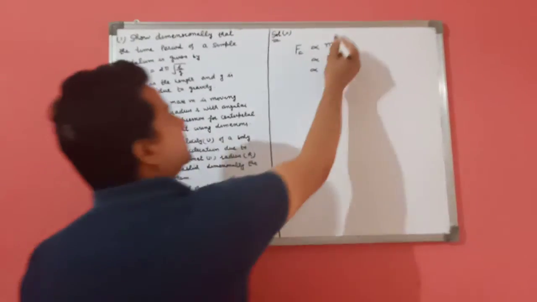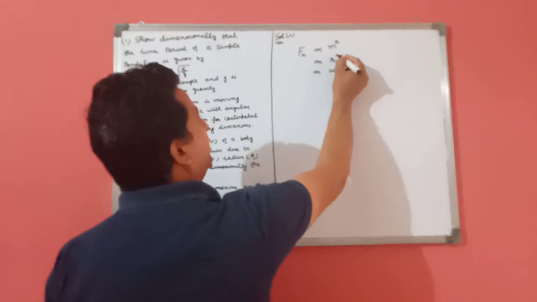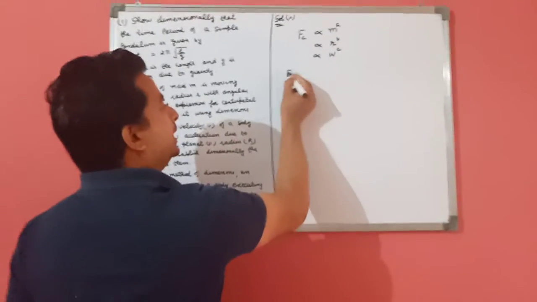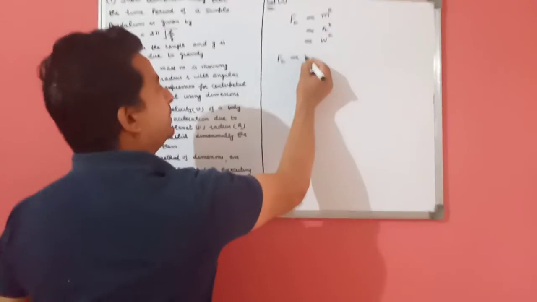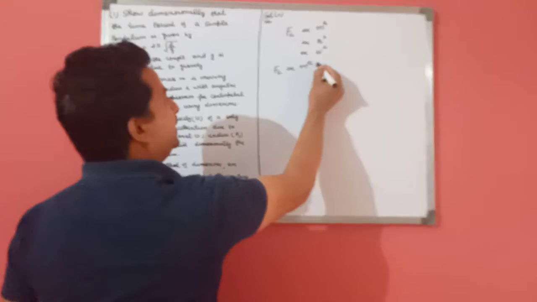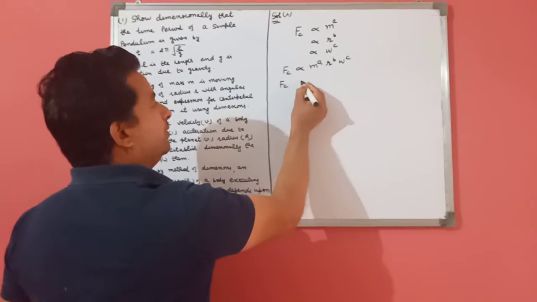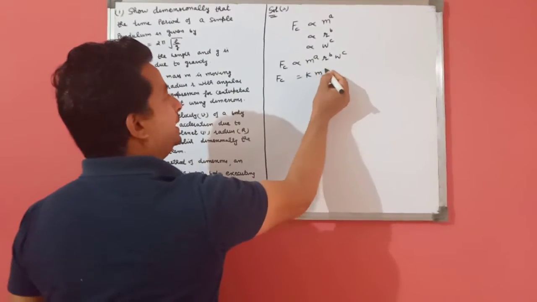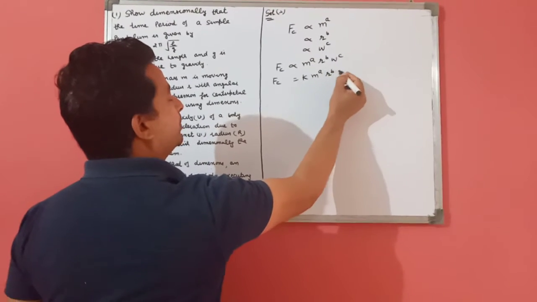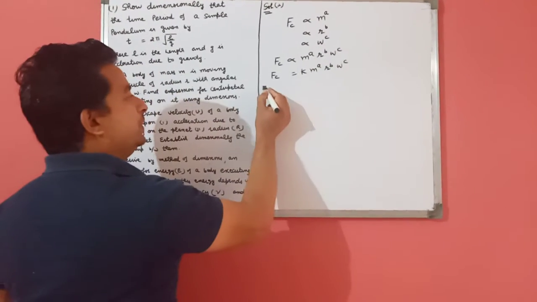First we raise these by powers a, b, c. Then Fc, c is centripetal force, m power a, r power b, omega power c. The constant of proportionality is K.